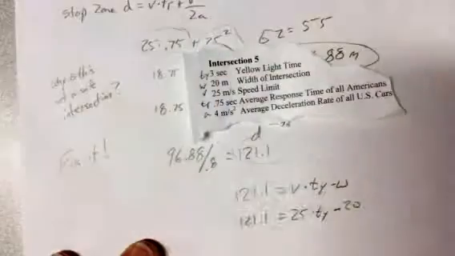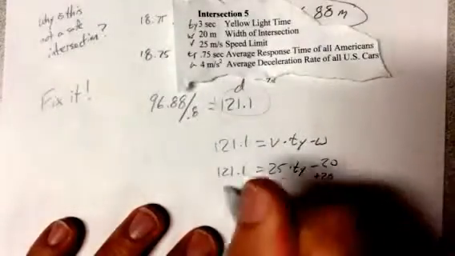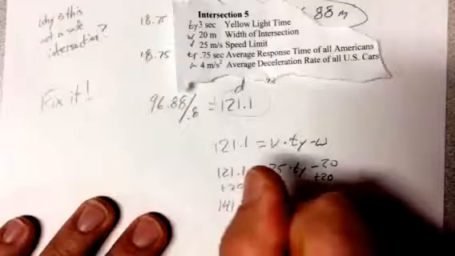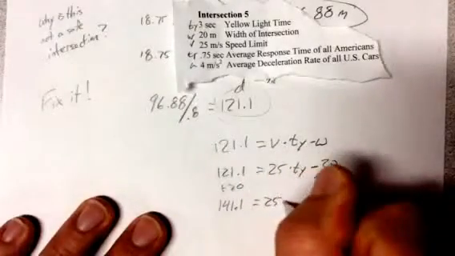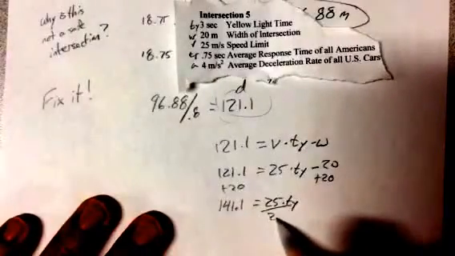Okay, now we're just doing some algebra. Okay, we are going to add 20 to both sides first. You have to do addition and subtraction first. And I get 141.1 equals 25 times t of y. And then I'm going to divide both sides by 25.